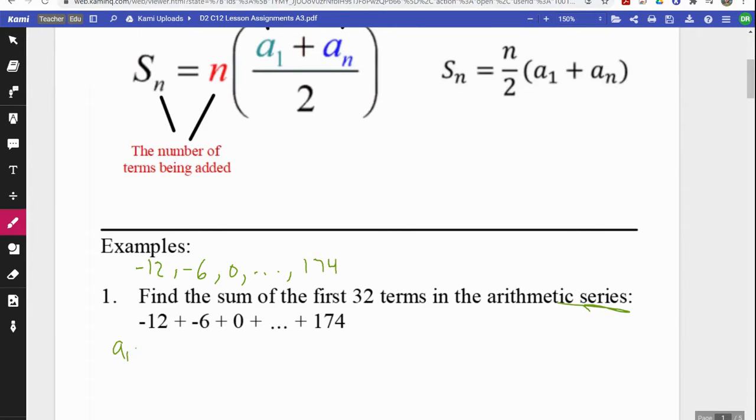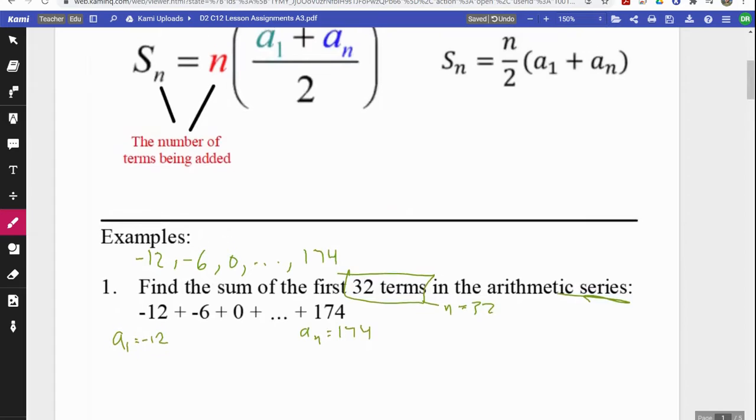We know that a sub 1 is -12. We know that a sub n is 174, and we were given that these are the first 32 terms, so n is 32. Notice we don't need to know what the common difference is. Surely we could find it. It looks like it's +6, but it doesn't really matter.